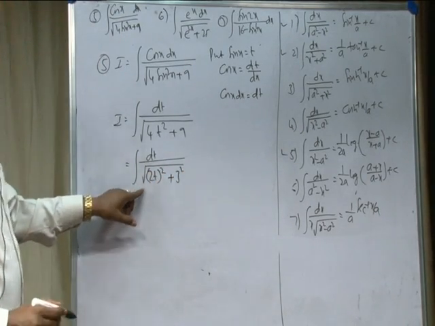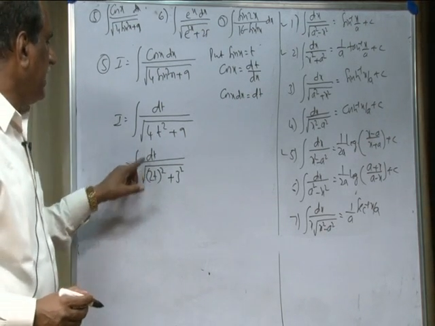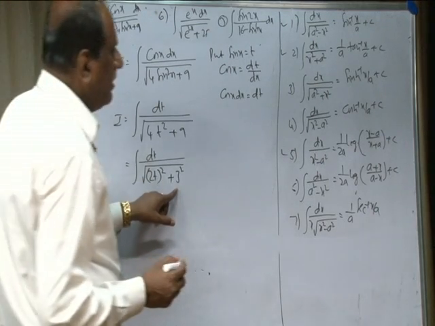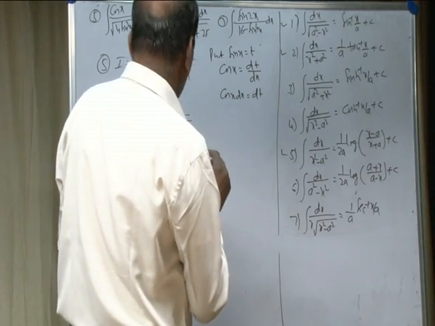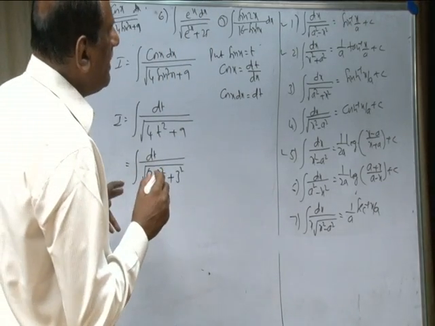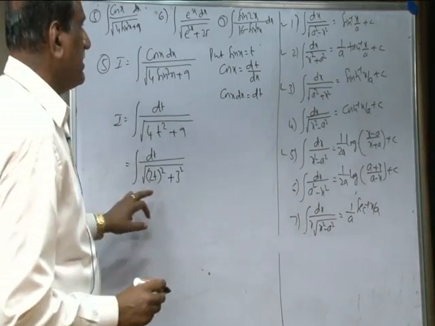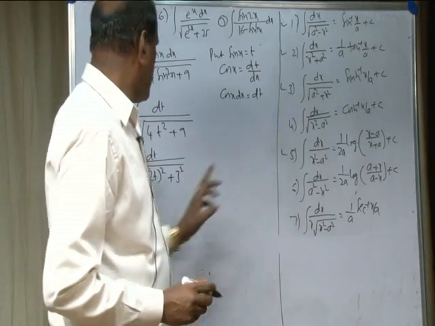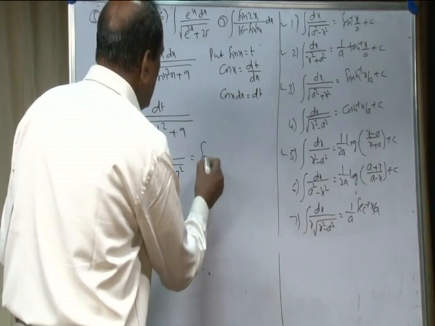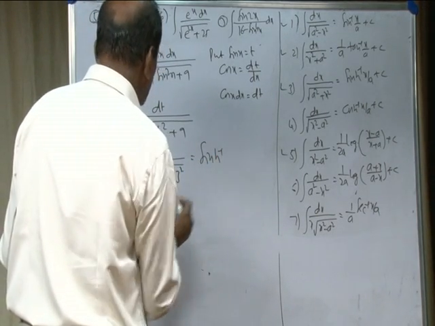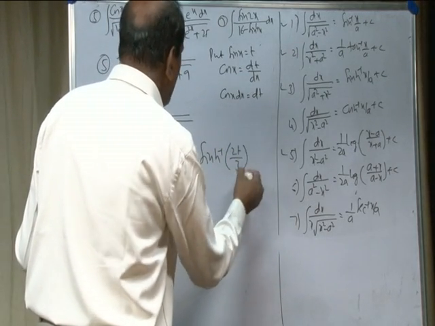This is of the form dx by root of x square plus a square. Dx divided by root of x square plus a square, or a square plus x square, both are same, that is equal to sin h inverse x by a. Here x is 2t, a is 3.